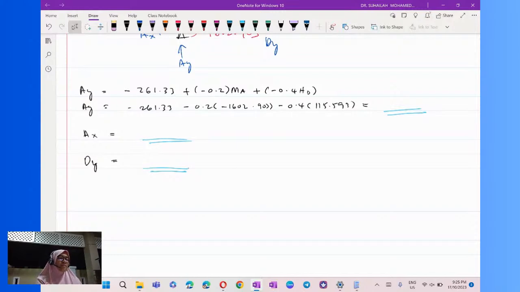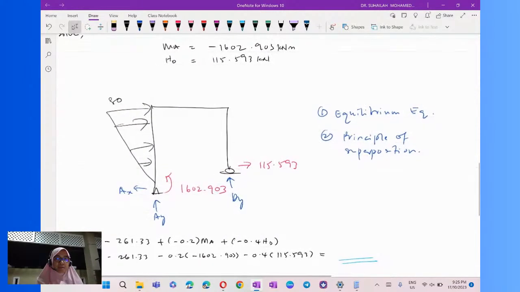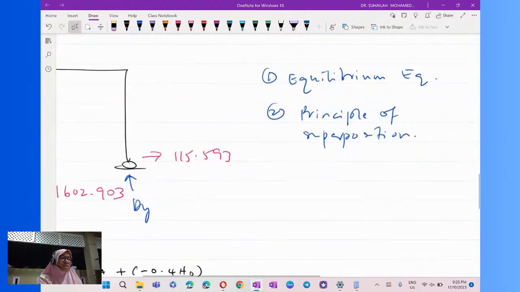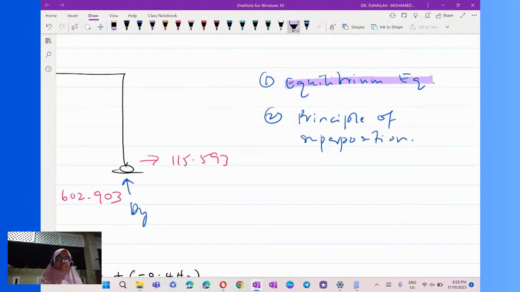So you have two options. Either you use the equilibrium equations, or you can directly use the principle of superposition from the general equation.